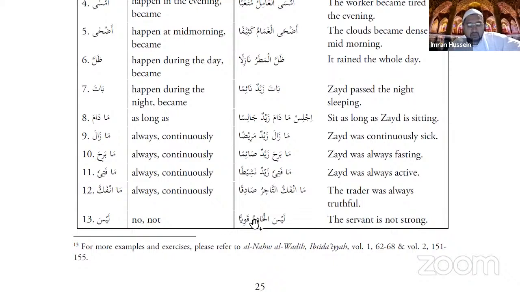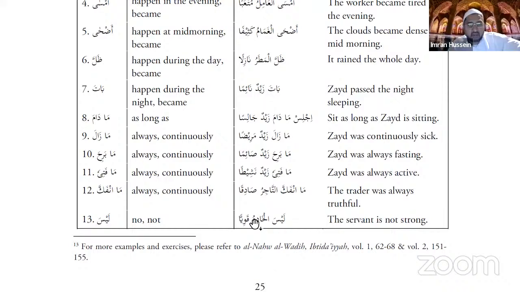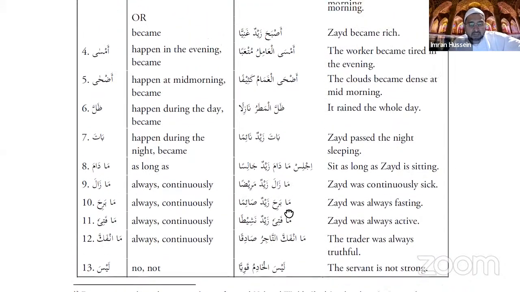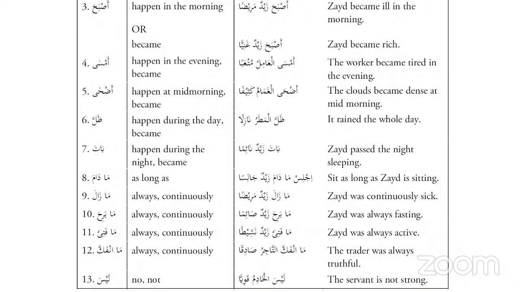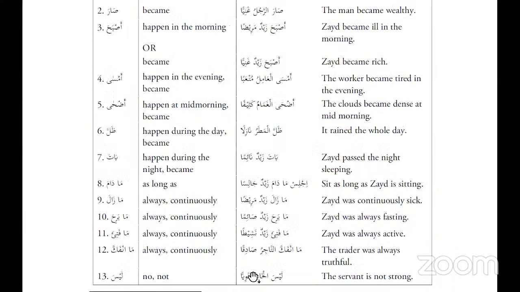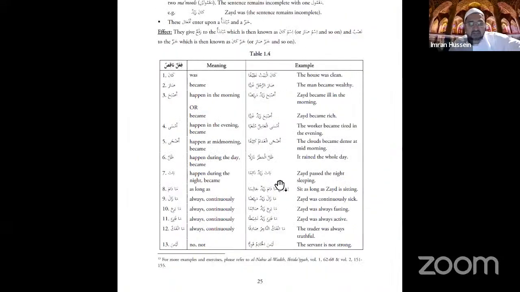If Laysa wasn't there, it would be al-khadimu qawiyun. The servant is strong. But because Laysa is coming, it becomes what? Al-khadimu qawiyan. Okay. Is that clear now? Kana and Laysa are from the same brothers and sisters.